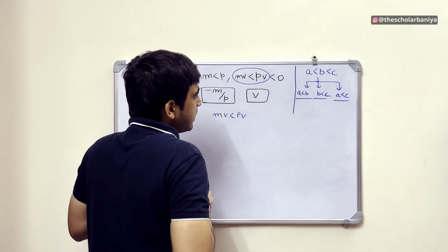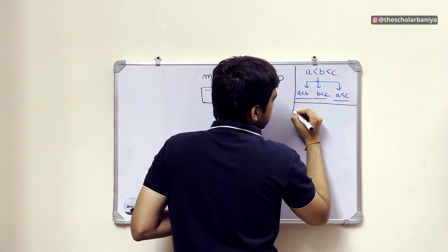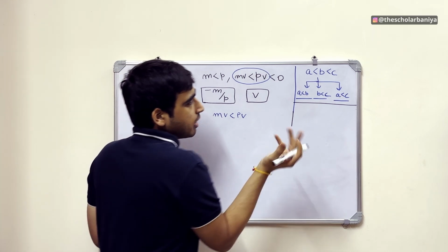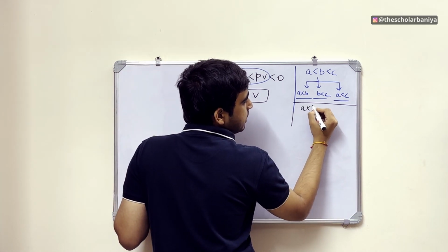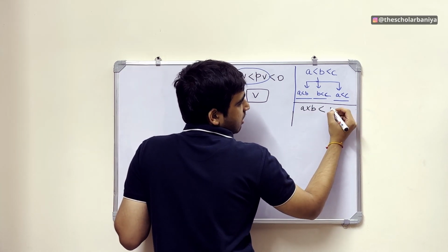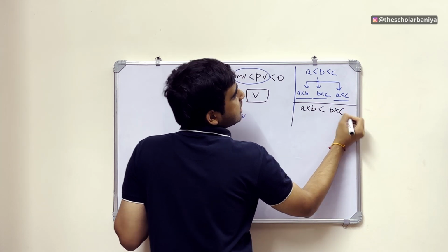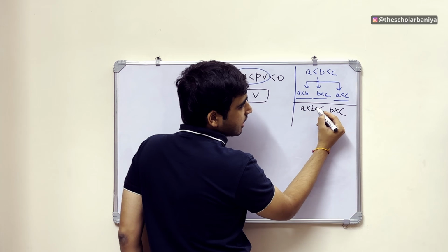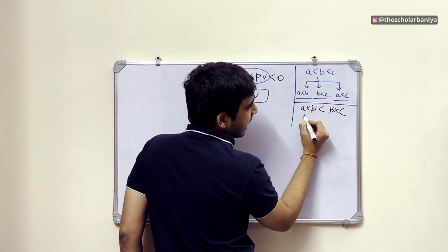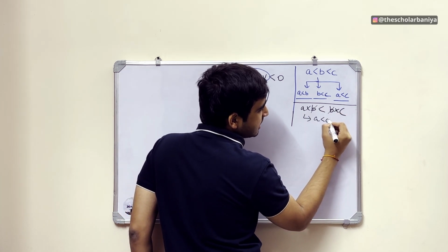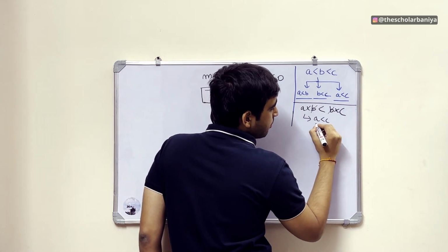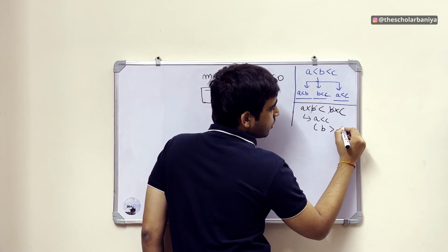One more thing that I would like to tell you is that, for example, if a into b is less than b into c, you can cut off these two numbers and write a is less than c only if b is greater than 0.